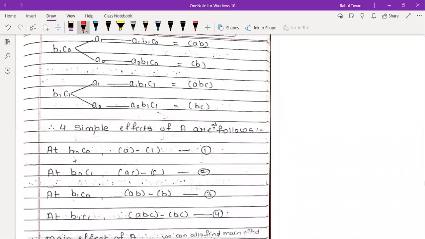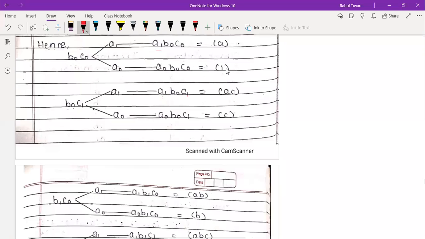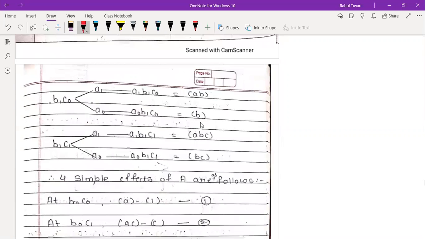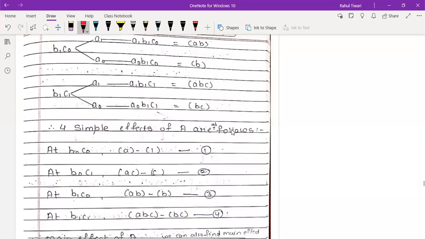At BC, what will be the effects? This minus this. We'll get the effect at BC. Similarly, the effect at B0 C1, AC minus C. Similarly, AB minus, and the last one, this minus.